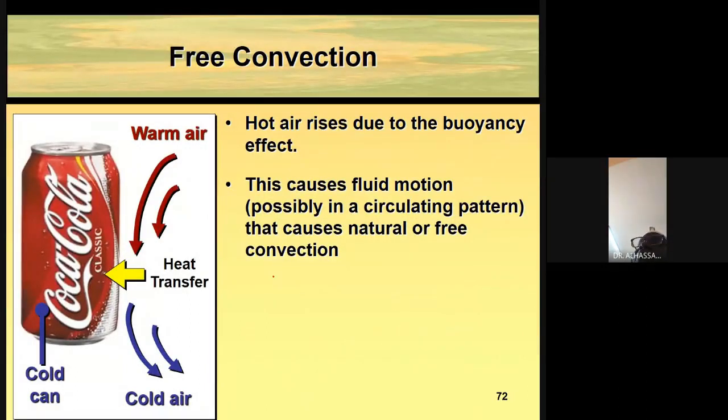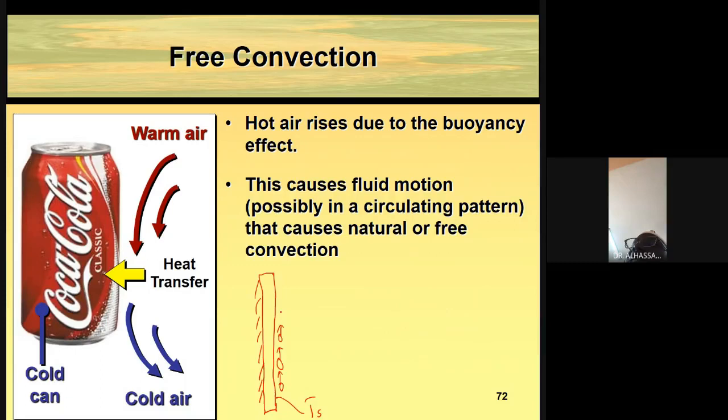So now, to go a little bit into details, let's say we have a vertical hot surface whose temperature is Ts. Now, assuming we have fluid layers that are close to the hot surface. You understand?